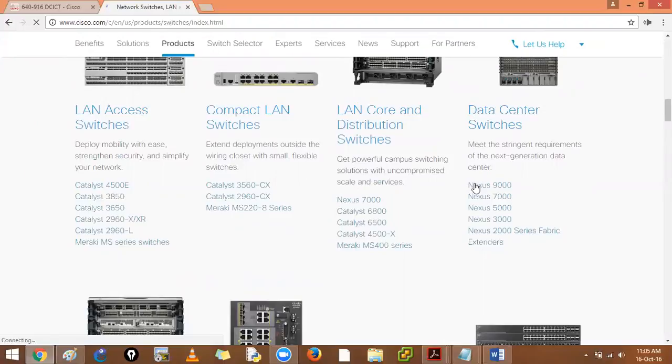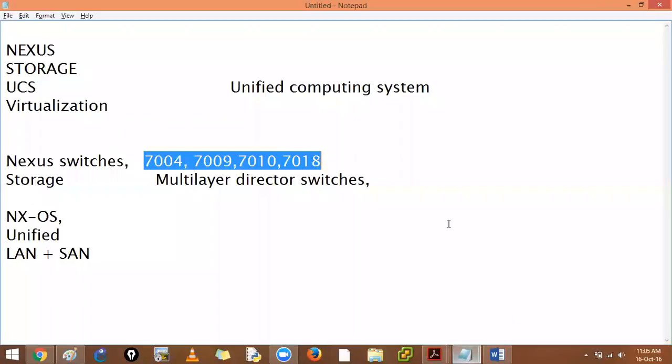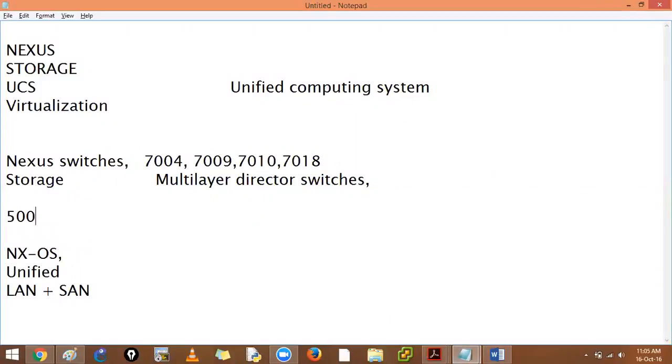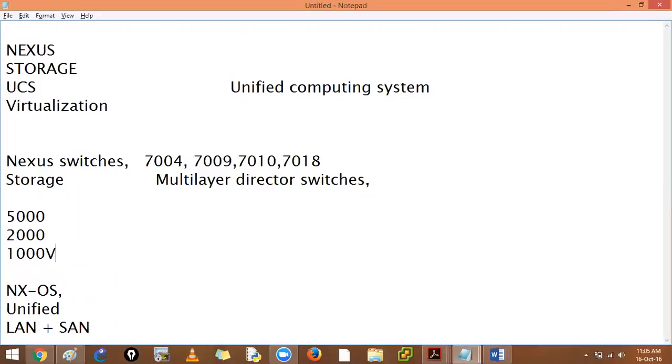We were discussing 9000 ACI devices, 7000, 5000 and 2000. What we are talking about is 7000. In our data center syllabus, we have to understand 5000 series and 2000 series, and the 1000V is your virtual device. So overall in CCNA, you have 7000, 5000, 2000 and 1000.